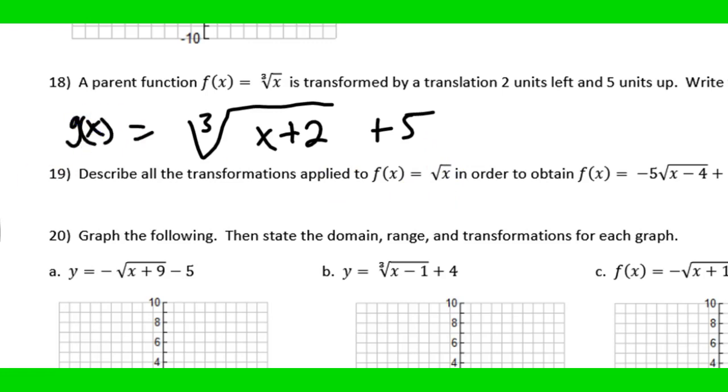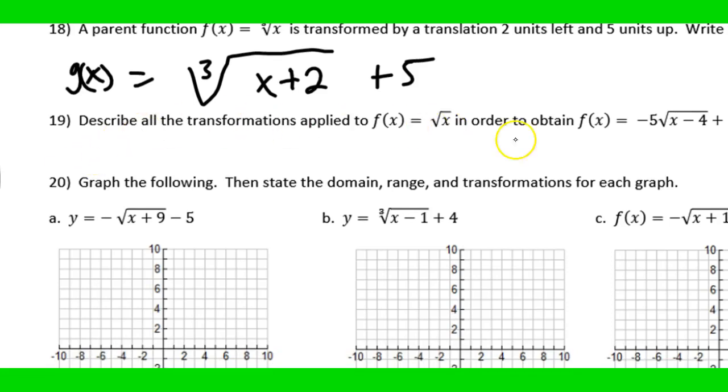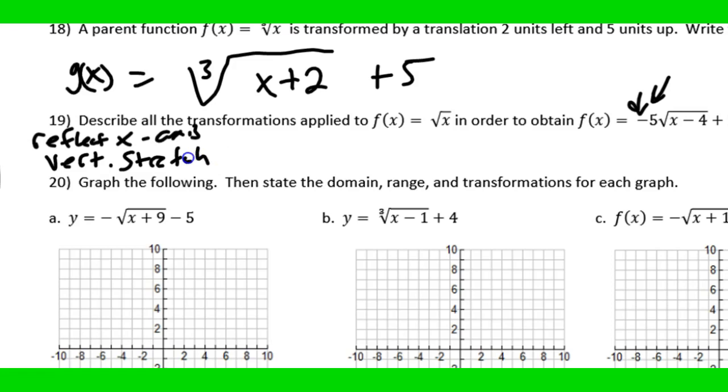All right, right here. Describe all the transformations for the parent function square root of x. All right, the negative right here, that negative says reflect over the x-axis. Then this 5 right here tells us a vertical stretch by 5.